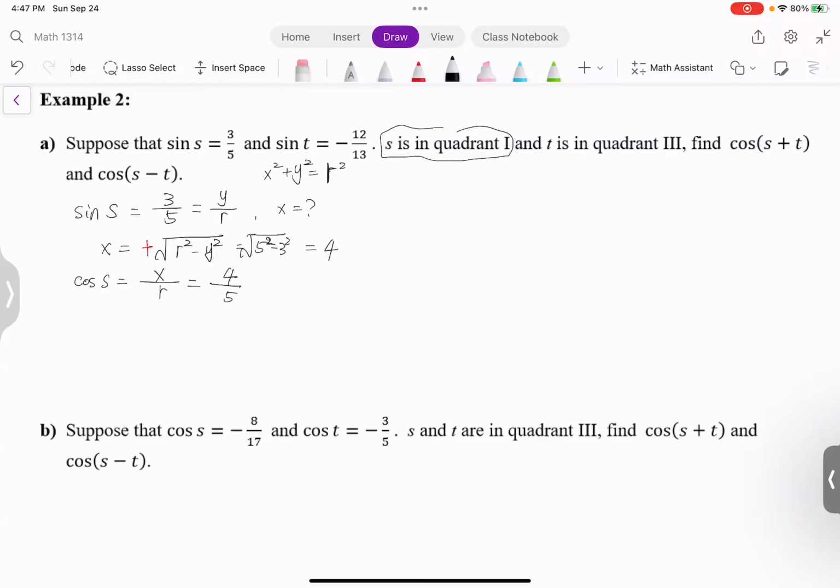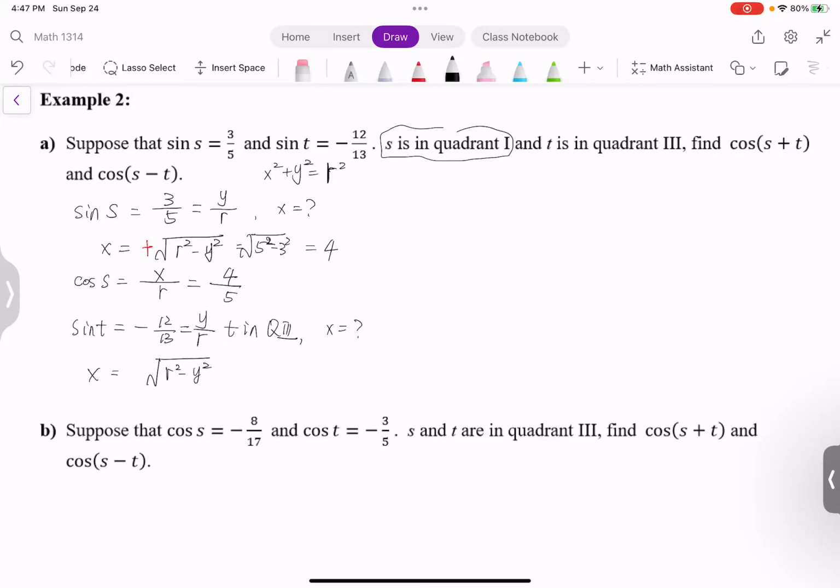Sine t is given. Sine t equals negative 12/13, and t is in Q3. Sine t equals y over r. Can you find the x and then find cosine t by x over r? Yes, we can, because x is the square root of r squared minus y squared.